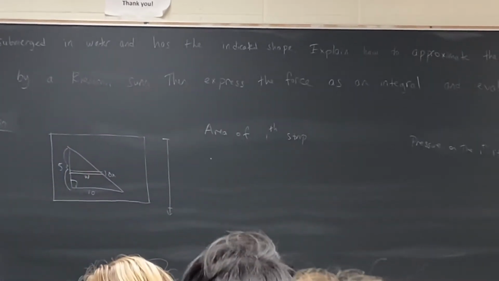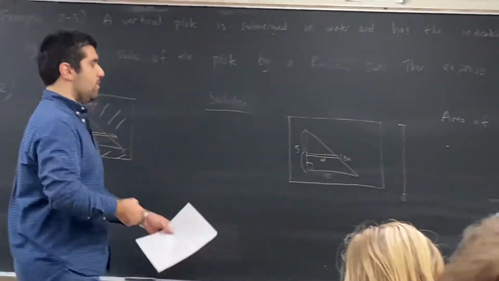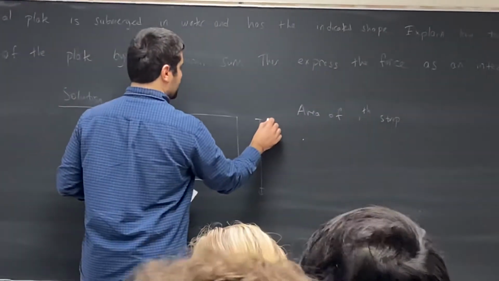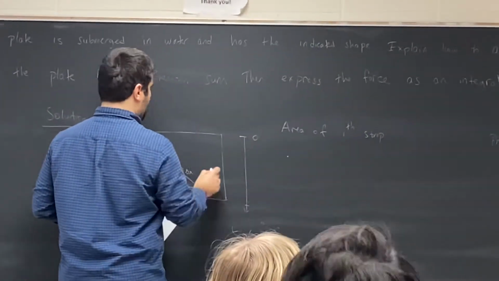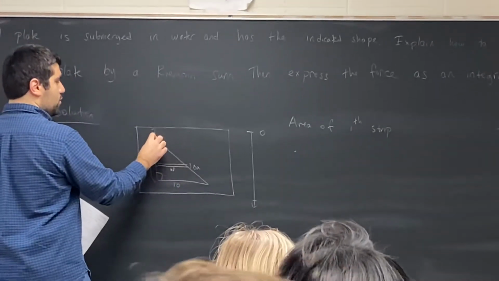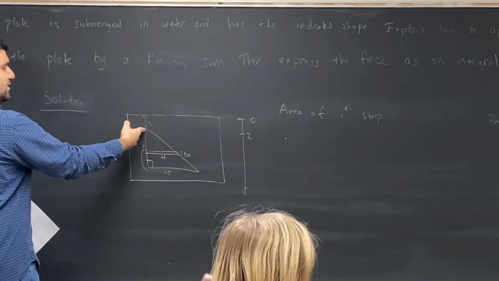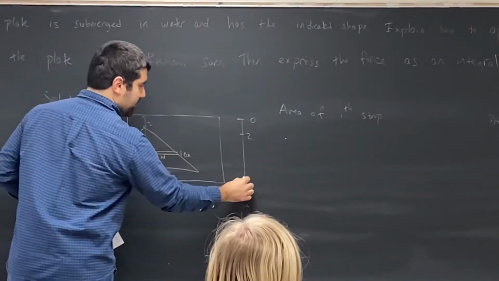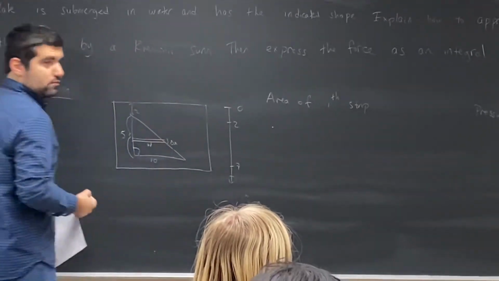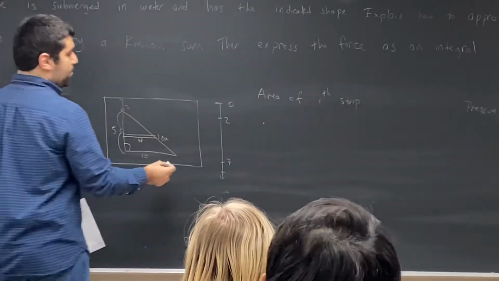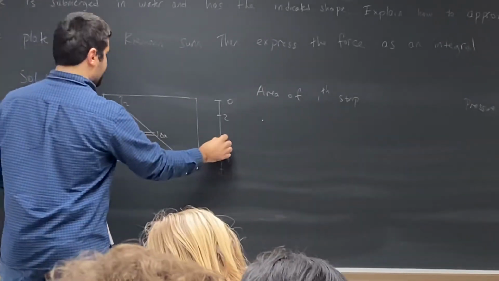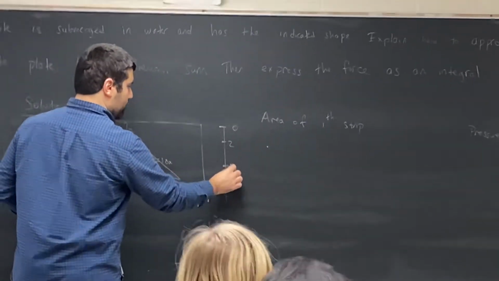Obviously, if we're using a Riemann sum, we will have to have a diagram. This is where the water starts, 0. We know that this length is 2. And we know that this side is 5, so then the plate ends at 7, right? And we picked a strip somewhere, we don't know where it is.